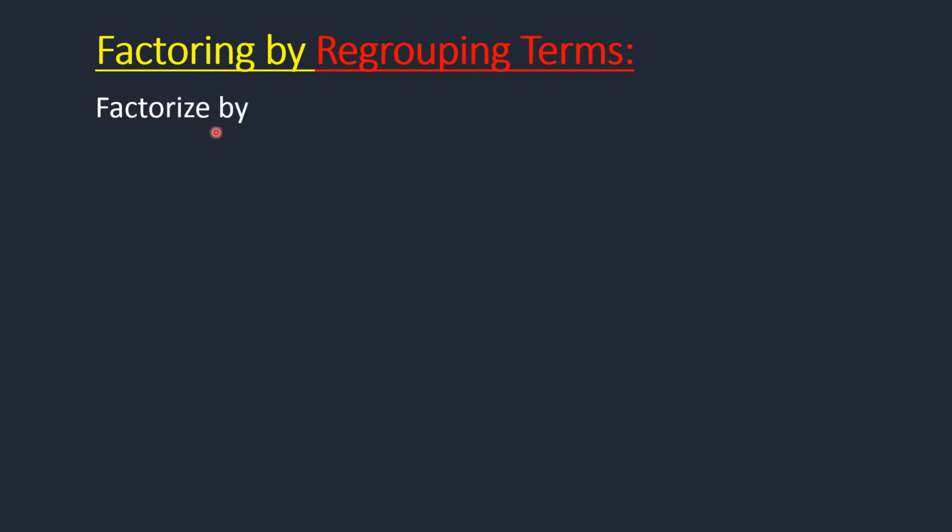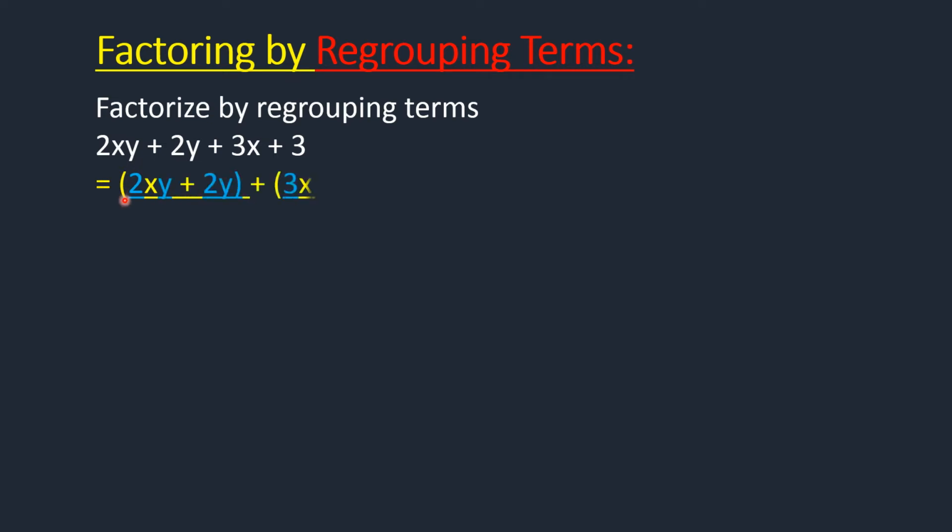Factoring by regrouping of terms is the second step in factoring algebraic expressions. Factorize by regrouping the terms 2xy plus 2y plus 3x plus 3. Here there is no single common factor between these four terms. So we will make two groups of two terms each.